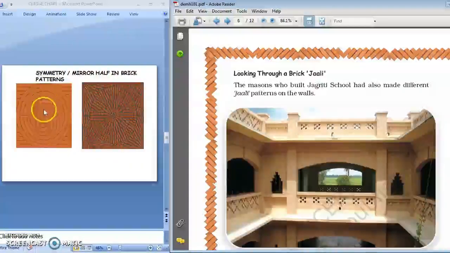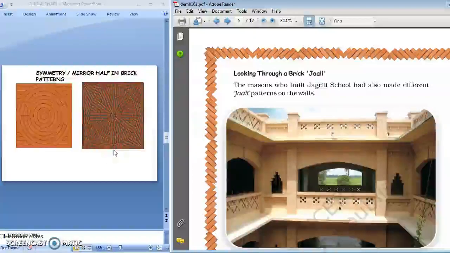As you can see, if I draw a line in the center, it will be dividing this brick pattern into two equal halves, with a mirror image of one of the halves. Similar is the case with this one.